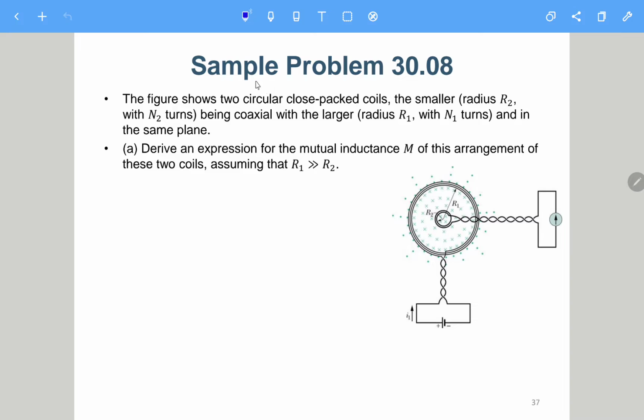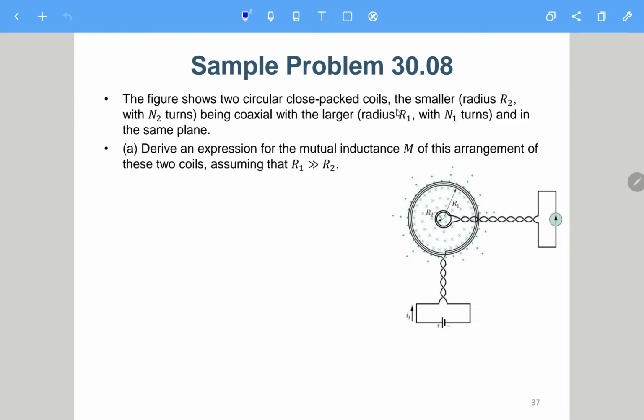For sample problem 30.8, the figure shows two circular closed-packed coils. The larger one is the first coil, and the smaller one is the second coil.